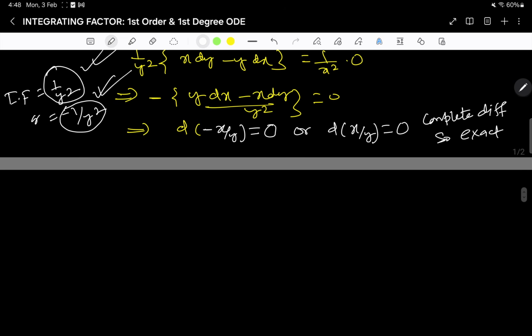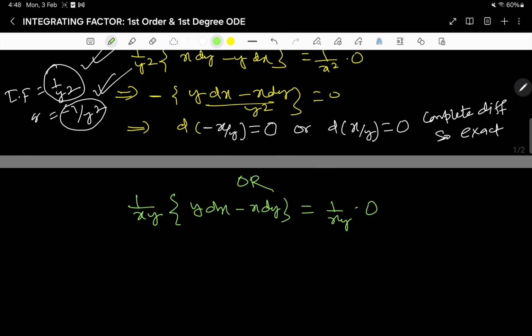Apart from that, if I multiply 1 by xy to both sides, then what will I get? 1 by xy into y dx minus x dy is equal to 1 by xy into 0. Now it is x dy minus y dx, so if I divide, this will be dy by y minus dx by x is equal to 0.